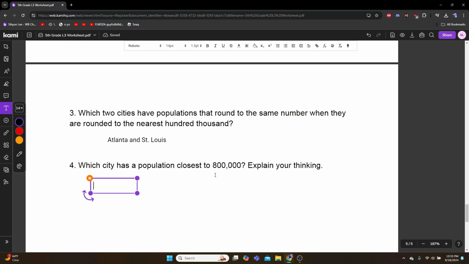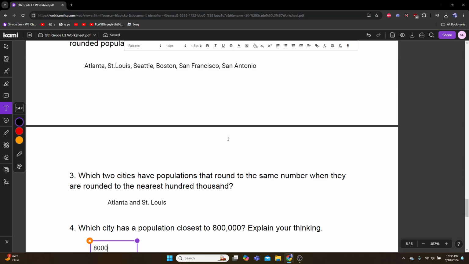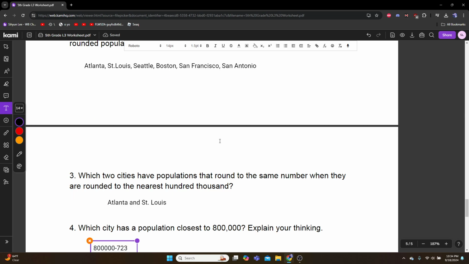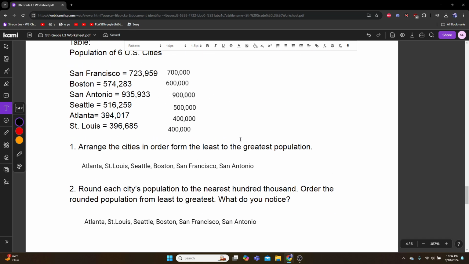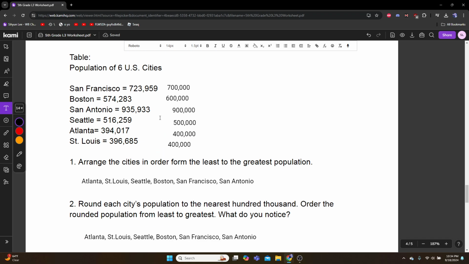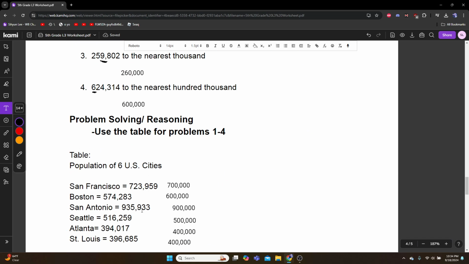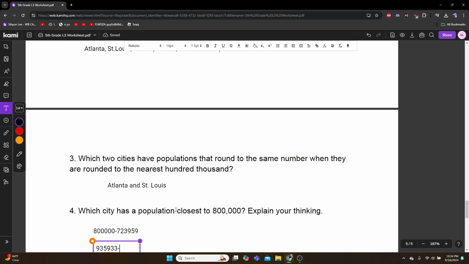So we could try 800,000 minus 723,959 and 935,000 minus 800,000.